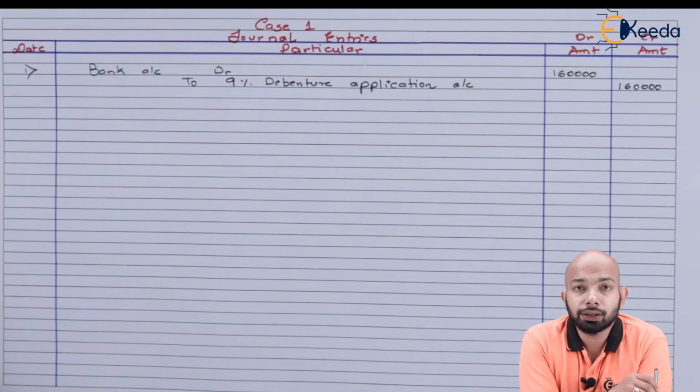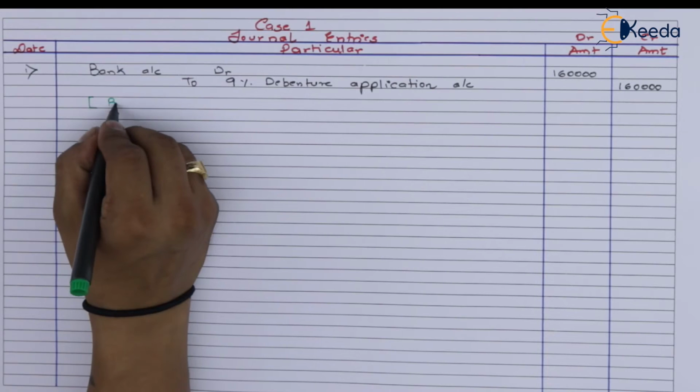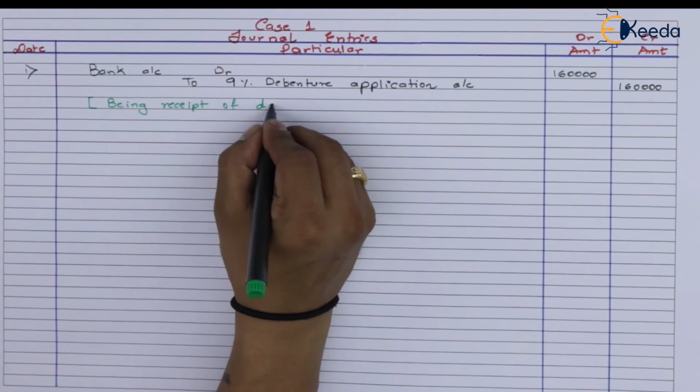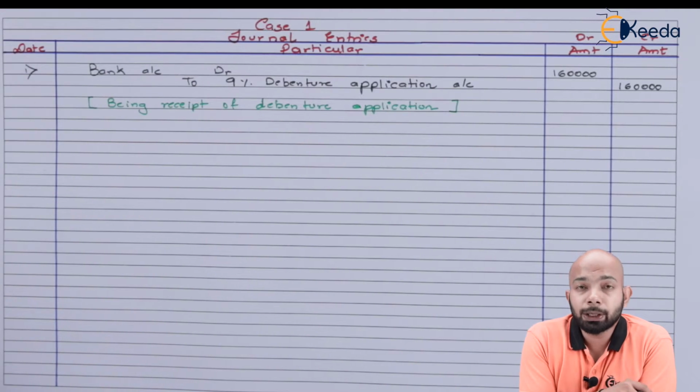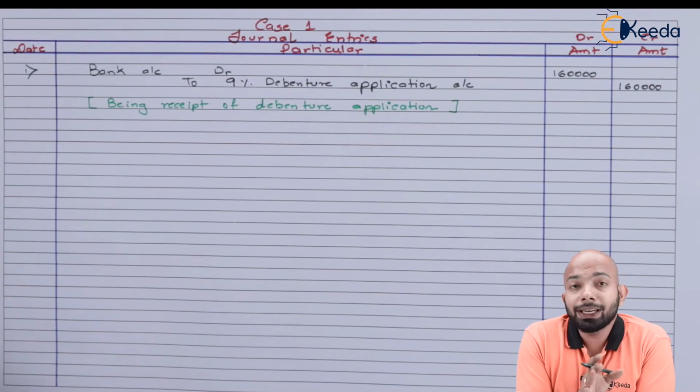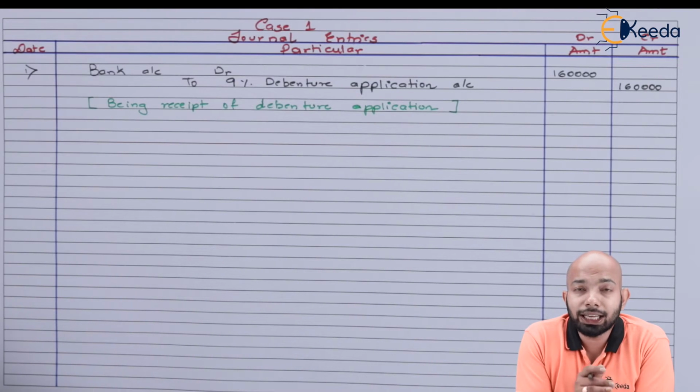Let's mention the narration here. So the narration has also been mentioned. Now, the company has also mentioned that when such debenture subscription came up, they refunded 1,000 debentures straight away.